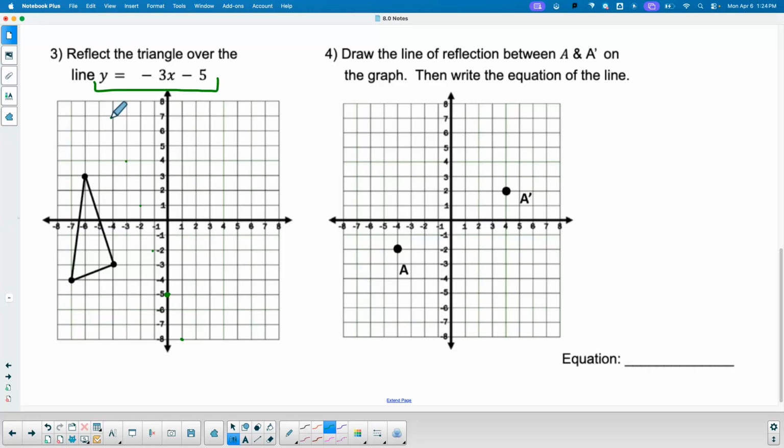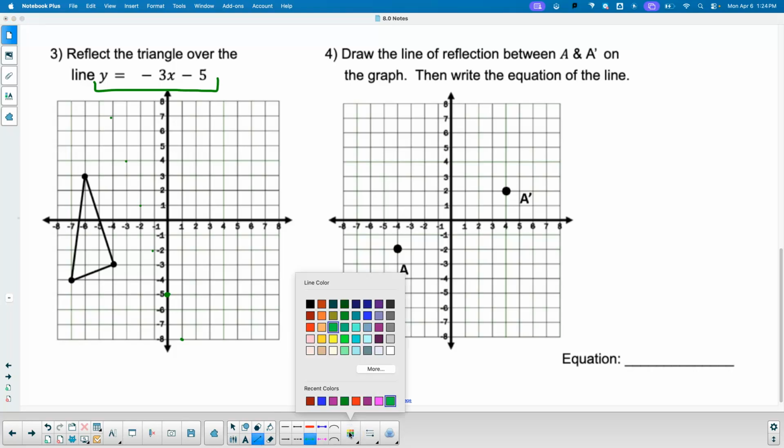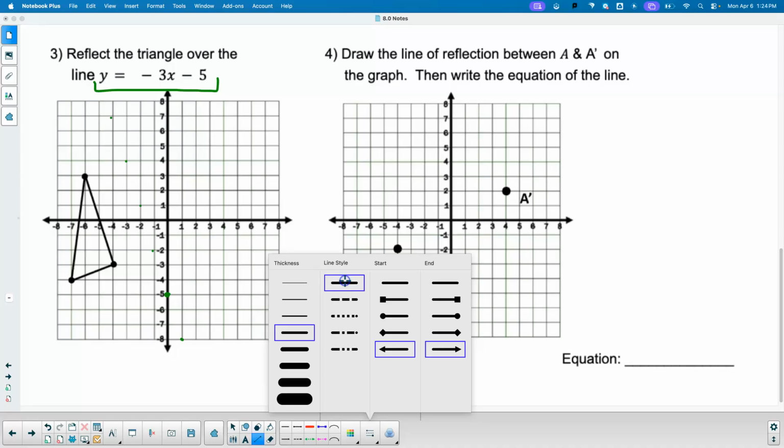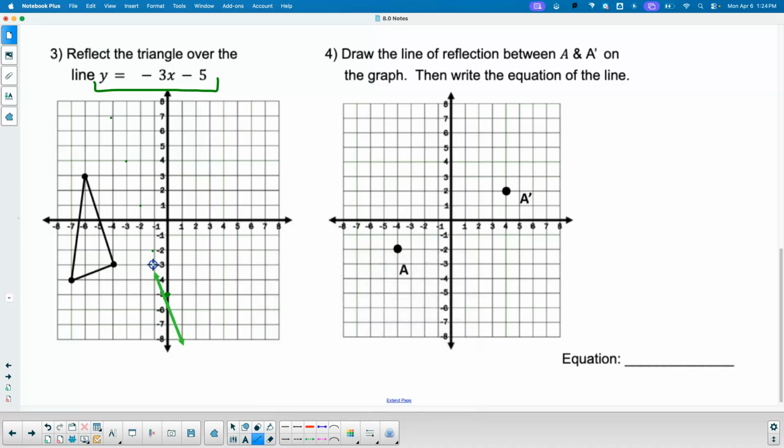Okay, so now, using something that's straight, you all have an ID, let's use those. We can draw in that line of reflection.